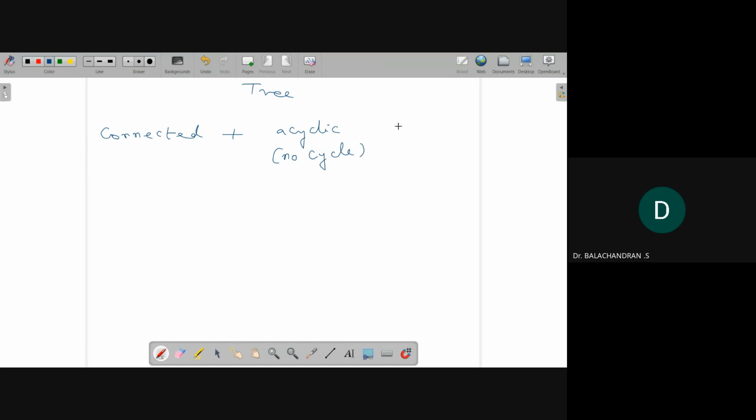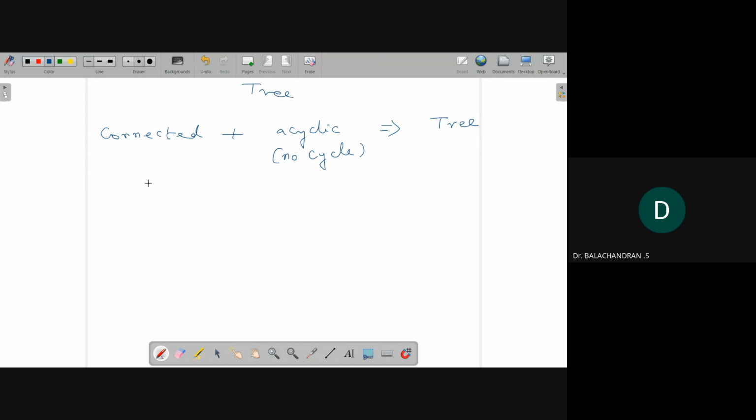So this implies the graph is a tree. So if it is connected and it has no cycle, then we say the graph is a tree. Also, what do you mean by a forest?